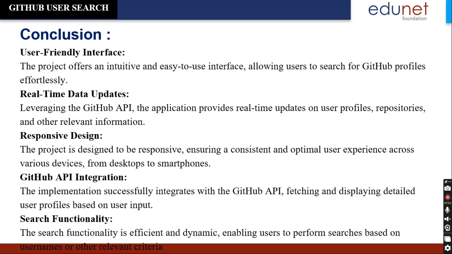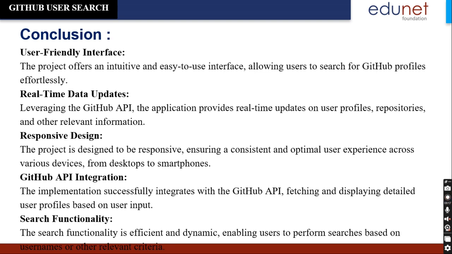Real-time data updates. Leveraging the GitHub API, the application provides real-time updates on the user profiles, repositories, and other relevant information. Responsive design. The project is designed to be responsive, ensuring a consistent and optimal user experience across various devices, from desktops to smartphones.